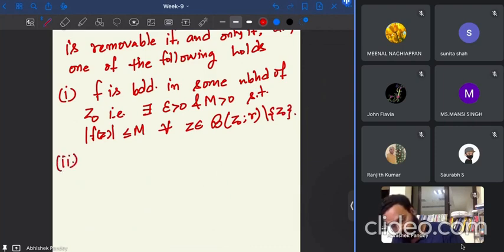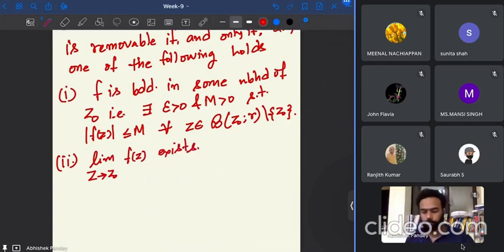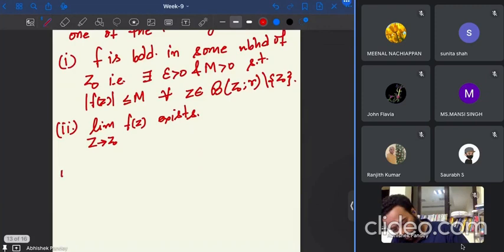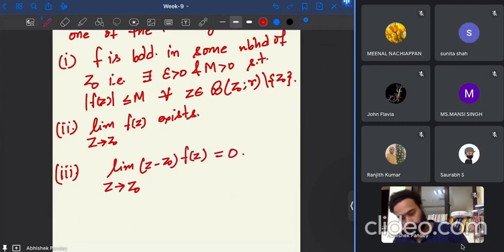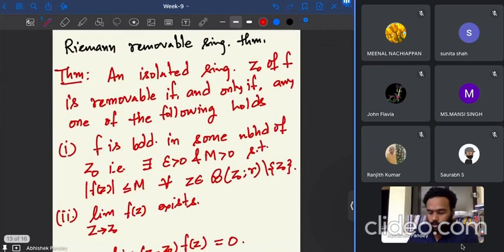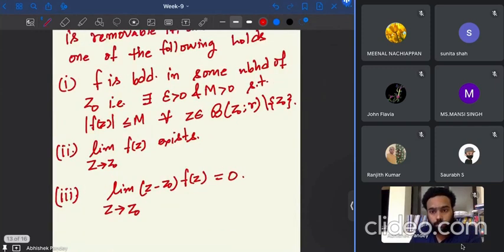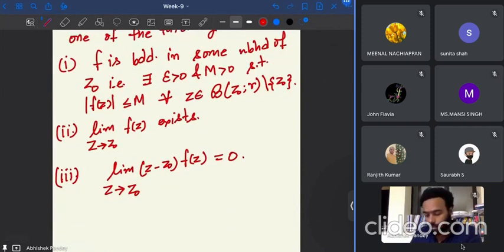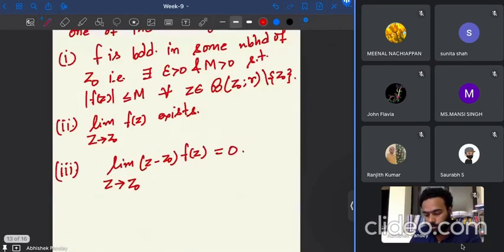Second condition: the limit as z tends to z naught of f(z) exists. And the third equivalent condition is the limit as z tends to z naught of (z minus z naught) times f(z) is 0. If any one of these conditions holds, we say that z naught is a removable singularity. I hope it is clear.